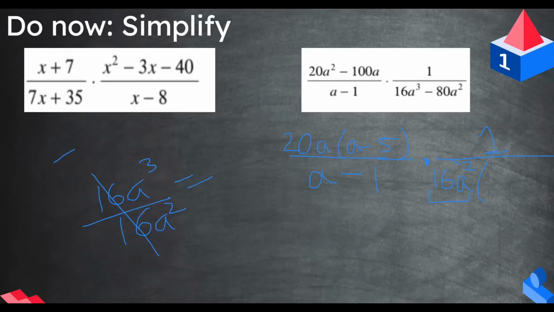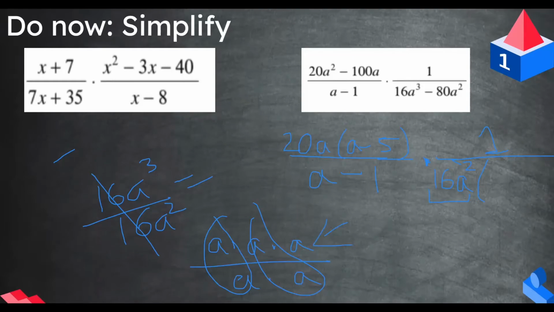But that is something we're going to learn a little bit later. For now, if you do it this way, you have 3 a's at the top, 2 a's at the bottom. You know you're going to have 2 a's as your common factor, right? So you can cancel them out, and you're just going to be left with a.